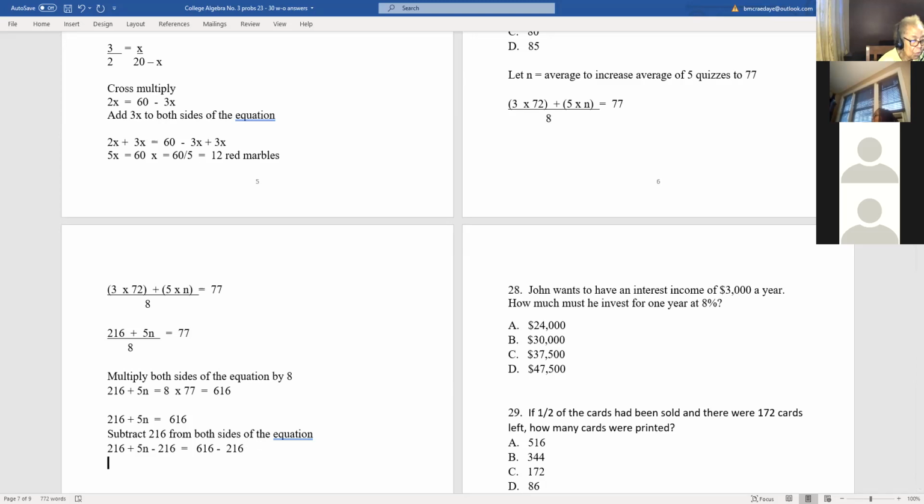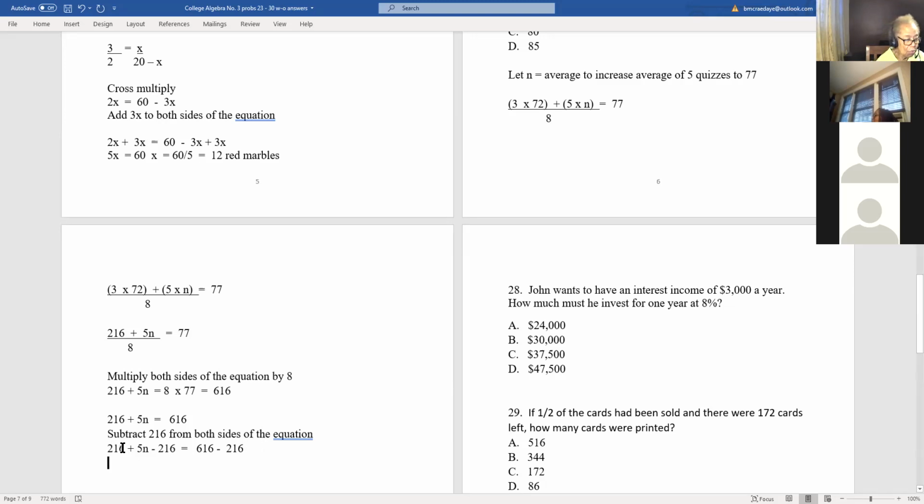Hold on, a plus 216, a minus 216. Remember, I told you the same values go to zero, right? So what do I have left on the left side? Chastity, what's left on the left side?